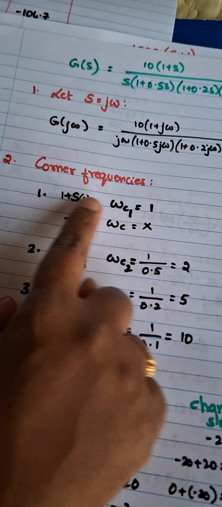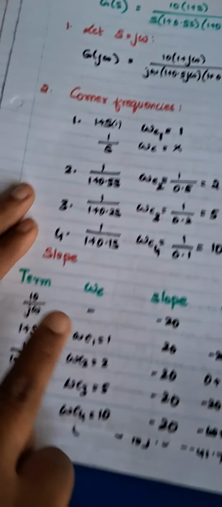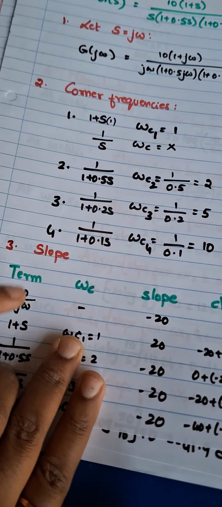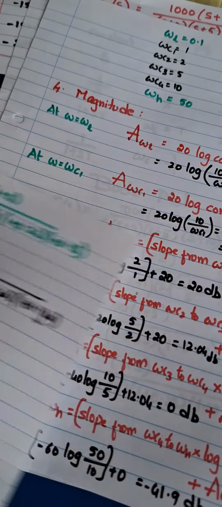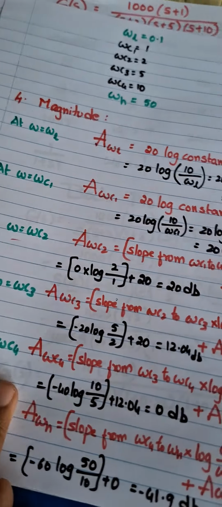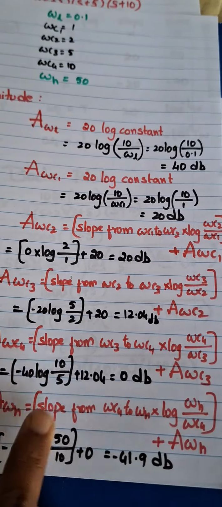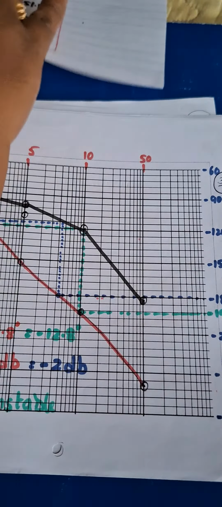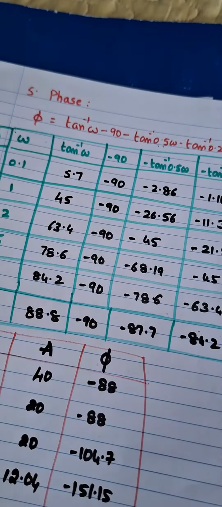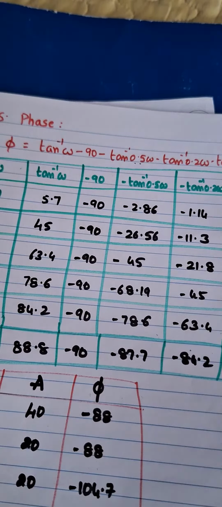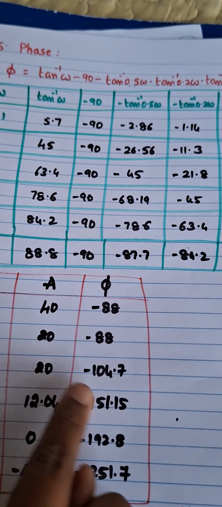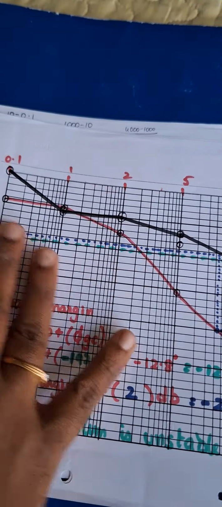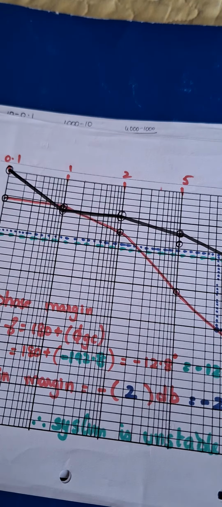Then corner frequencies in tabular form, then the slope. Then we find the magnitude with the formulas you should remember. Then we find the phase like this. Once we got the magnitude and phase values, we take a Bode graph and plot the graph.